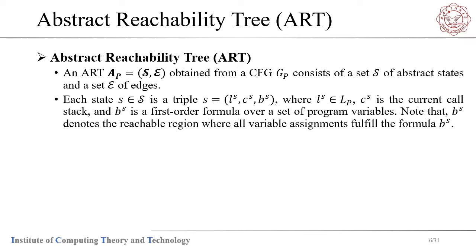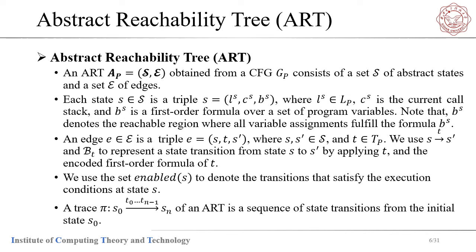It denotes the reachable region where all variable assignments fulfill the formula Bs. An edge is also a triple, where T is the thread transition and Bt is the encoded transition formula of T. And we use the set enabled S to denote the transitions that satisfy the execution conditions at state S.